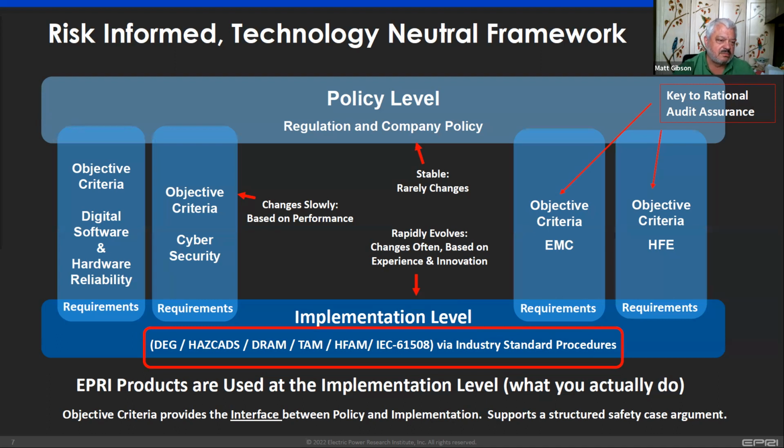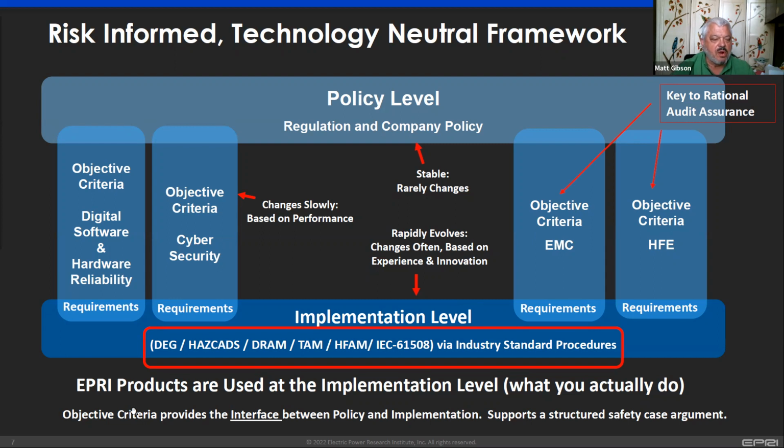So this is the model. EPRI does this because this can be used all over the world. We're not regulatory centric, so we can take this method and go to the UK, to China, Europe, other European countries, Africa, South America, and still use it in the regulatory regime that you would find in those countries.